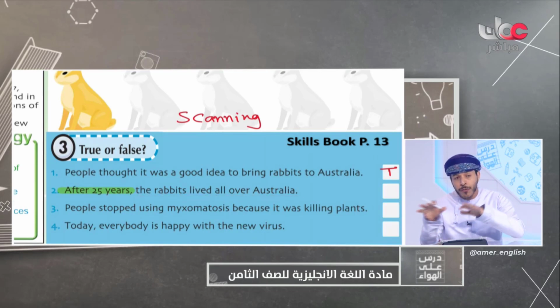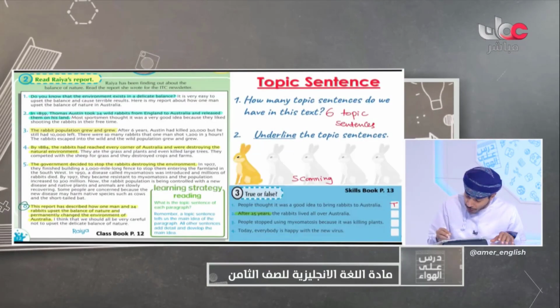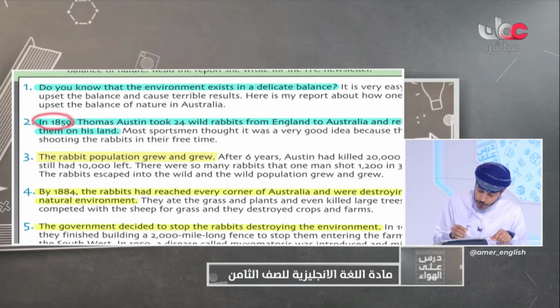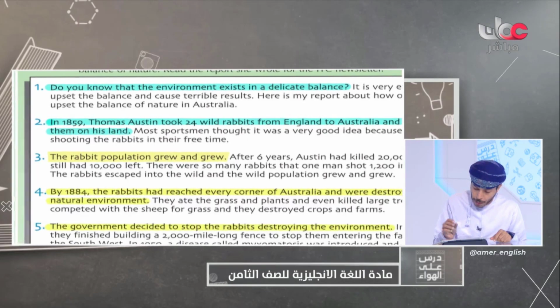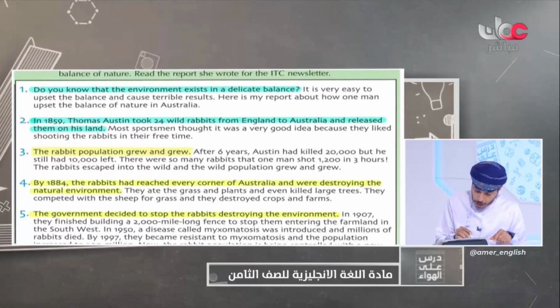Go back to the text. We don't have anything that says 25 years. But wait, something can tell us, because we have 2 years, this one and this one. I will put them in red. We have this one and we have this one.